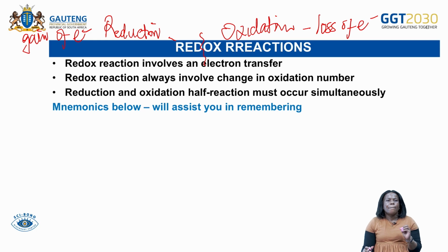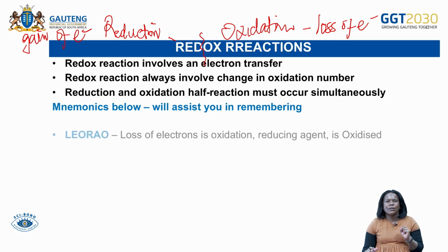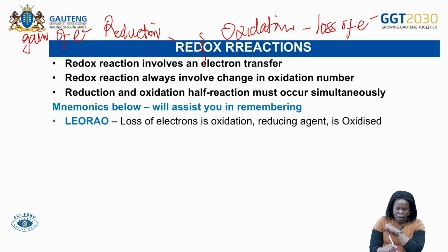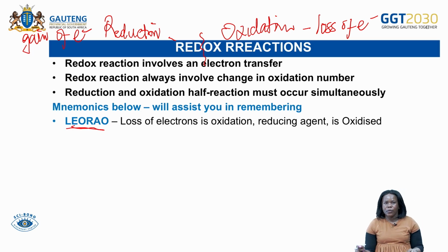So we've got mnemonics that will assist us in remembering all these terms and how they happen. Let's start with the first mnemonic, which is LEO RAYO. What does that stand for? This is just an easier way for us to remember that loss of electrons is oxidation. It gives us a definition.